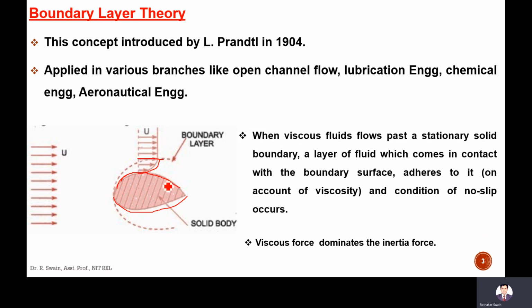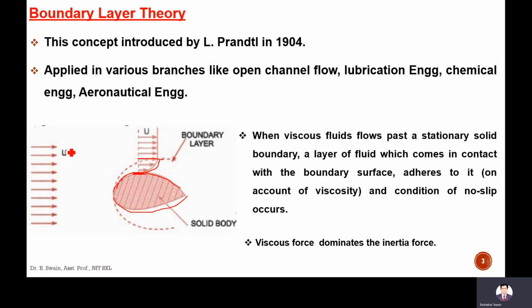Now what will be the impact? The impact will be the reduction of the velocity. At the contact with the boundary surface, the fluid velocity will be 0 if the boundary is at rest. If this solid body is not moving, and the boundary surface is at rest, then the fluid layer which is in contact with this boundary will have 0 velocity.